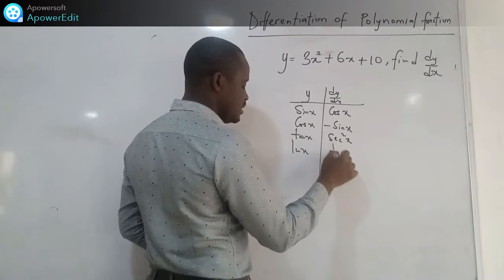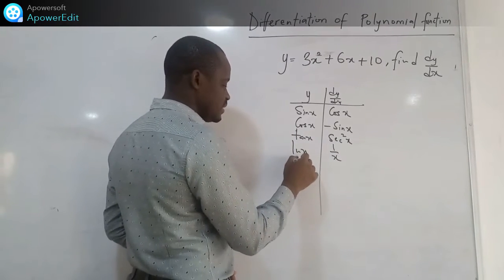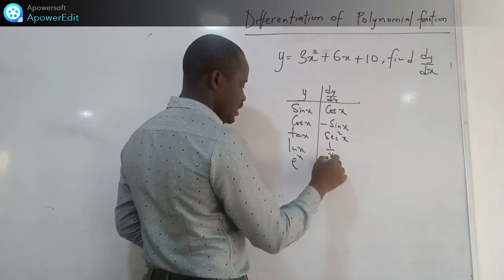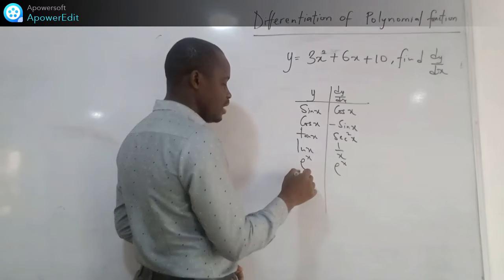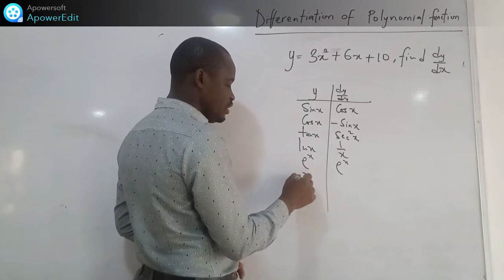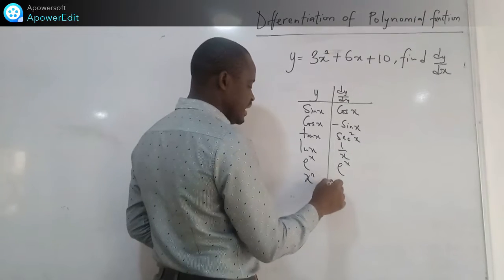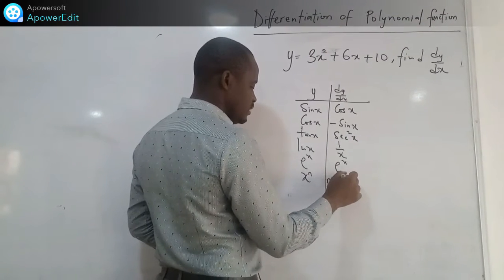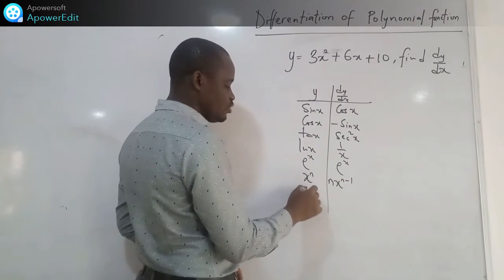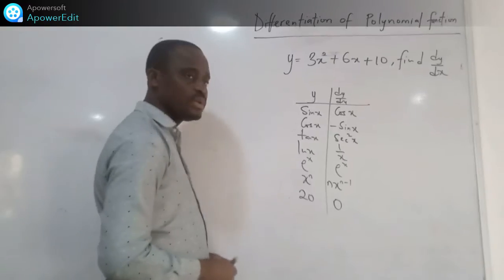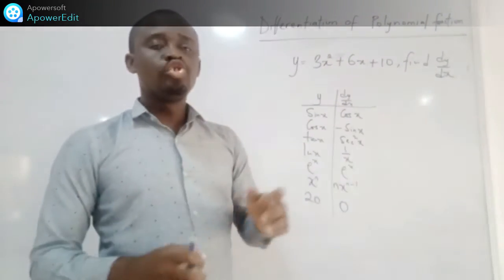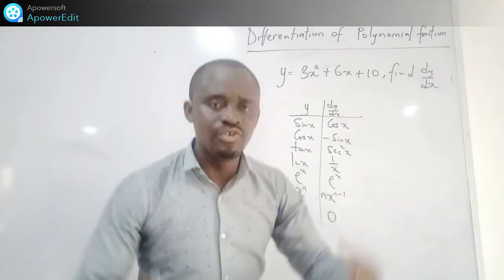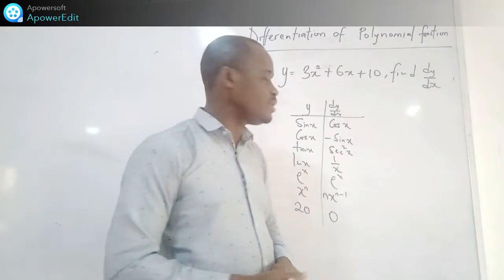When you have ln x, it is 1 over x. When you have e to the x, it is e to the x. When you have the polynomial function, which is x^n, that is nx^(n-1). When you have a constant like 20, you have 0. I always tell my students this: before you differentiate, you should be able to tell what function you are dealing with. How do we know these functions?